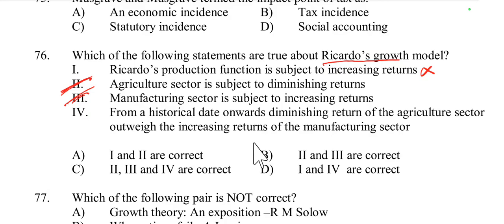This is true because the Ricardo model suggests that over time, as the population grows and more labor is applied to agriculture, the diminishing return in agriculture can outweigh the increasing returns in manufacturing, potentially leading to slower overall growth. So options 2, 3, 4 are correct. So option C is right here.